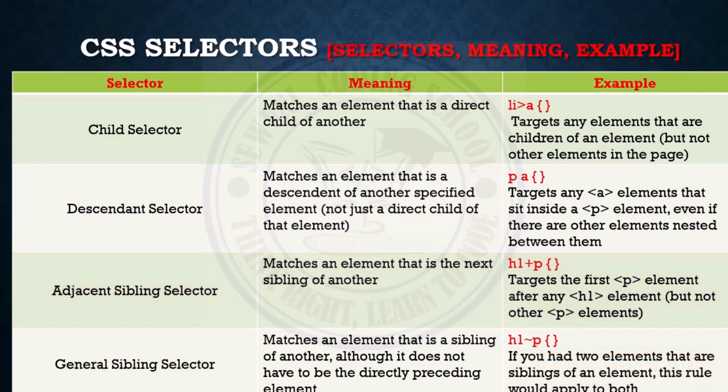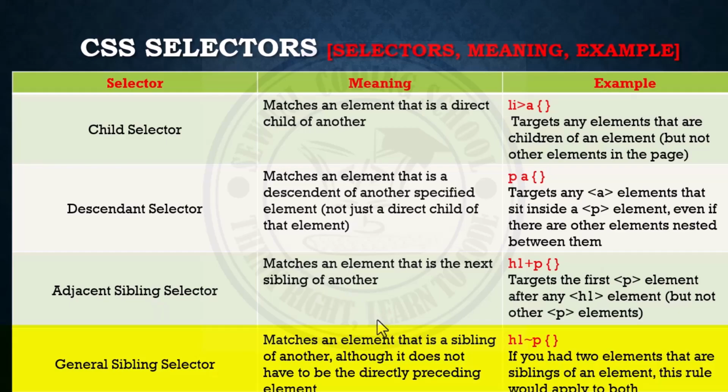And we also have a general sibling. In this case, not an adjacent sibling, but a general sibling. So for instance, if you have two elements that are siblings of an element, this rule will apply to both of them. This one is the adjacent sibling, so it is specific to the paragraph that comes directly after a level 1 heading.